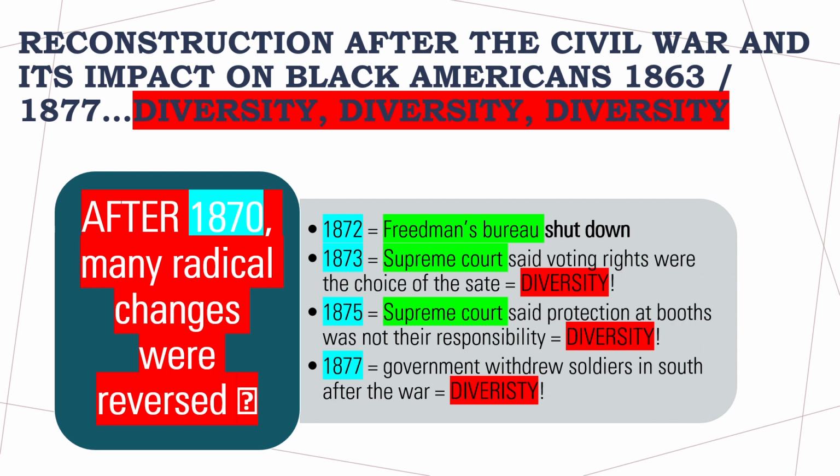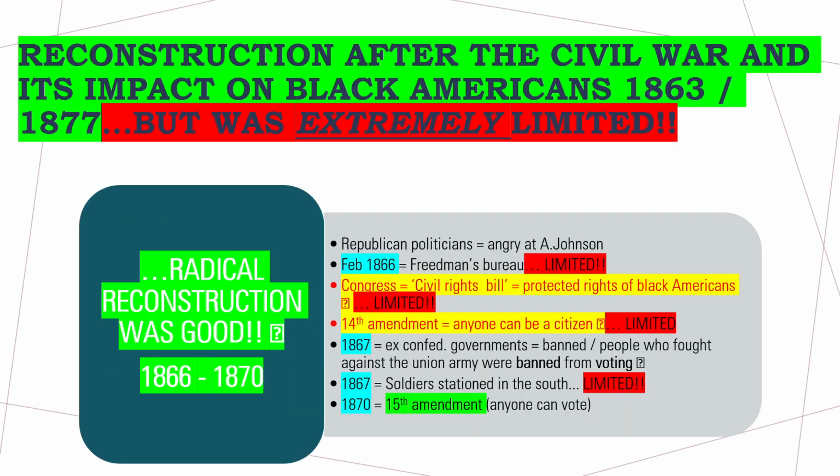In 1875, the Supreme Court said that the protection at booths was not their responsibility, which again, another diversity, because soldiers were stationed in the South to protect the rights of Black Americans in voting booths.